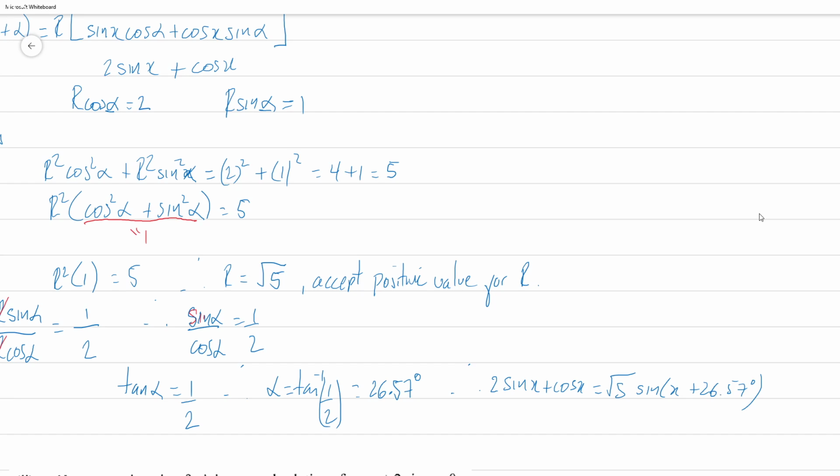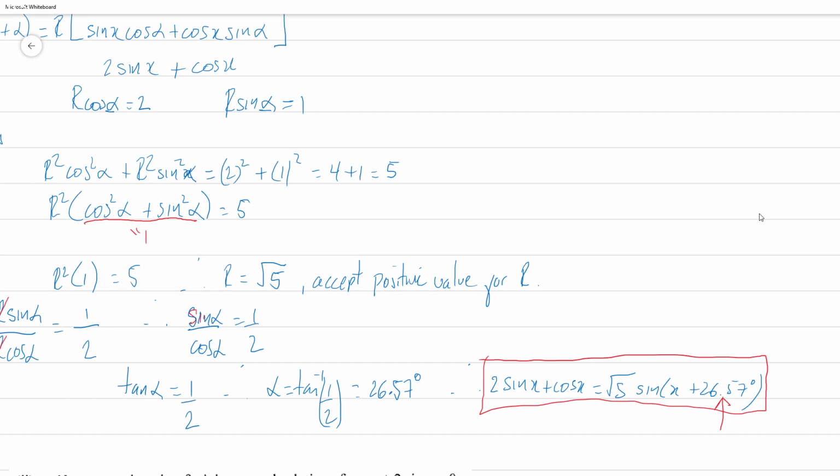Okay, so that's the form that you were asked to give the expression in. Now my only concern is, did we have to work in degrees or did we have to work in radians? Would this come back to haunt us?